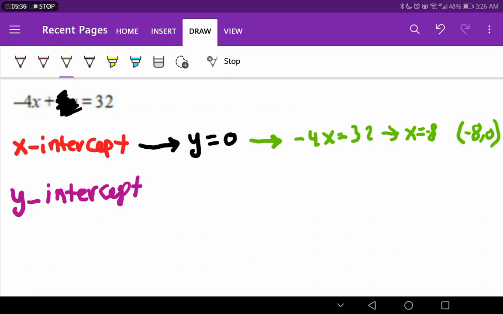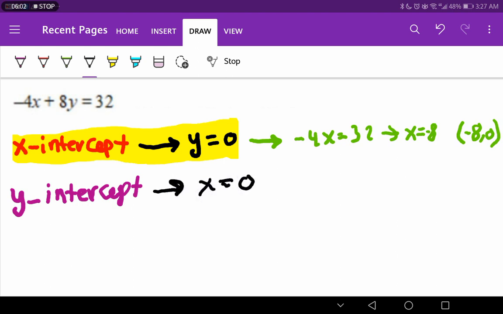Me too. Now we are done with the x-intercept, and we used our song: x-intercept, y equals 0. So we hide the y because the y is 0, and we solve the equation. Now y-intercept means x equals 0.